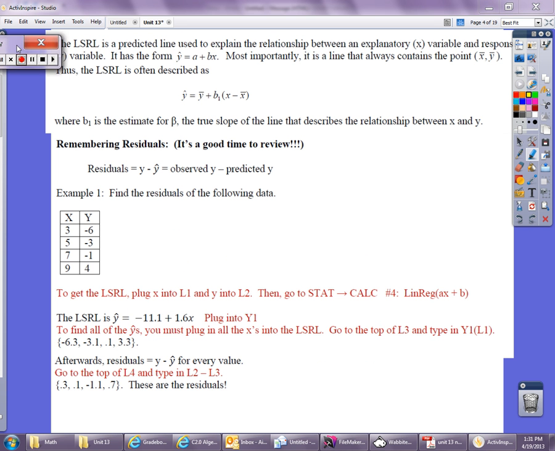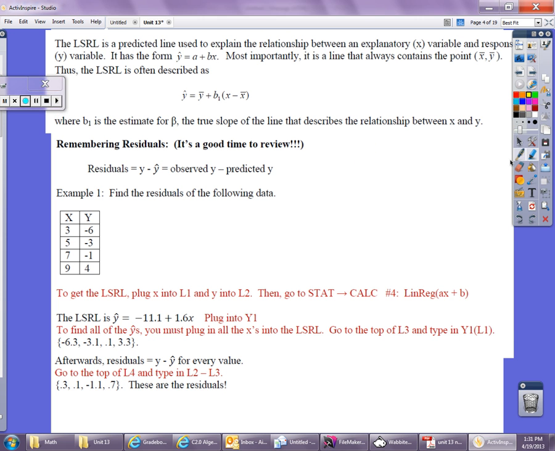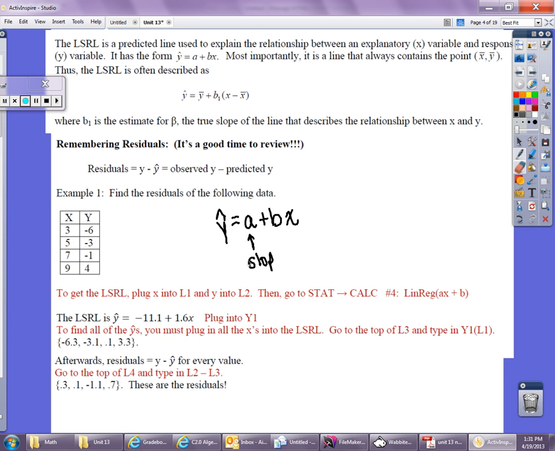We then talked about the least squares regression line, which, if you remember, had the form of y hat equals a plus bx, where a is your constant and b is your slope.